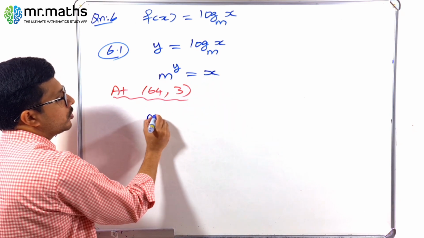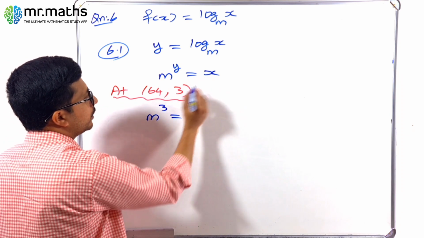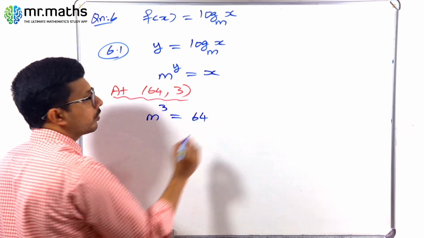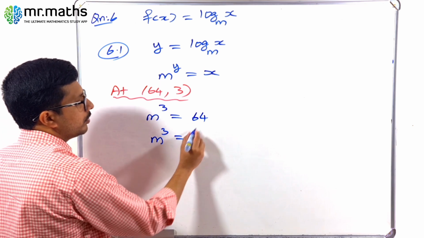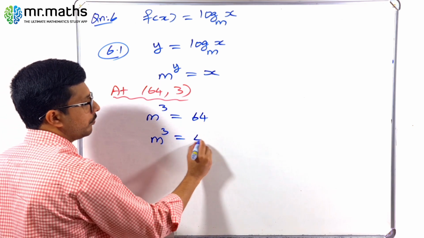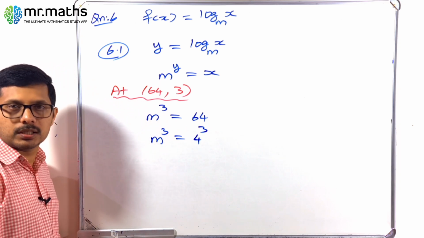So m raised to y, which is 3, is equal to x, which is 64. So m raised to 3 is equal to 64. How can you write 64? 4 raised to 3 is 64.